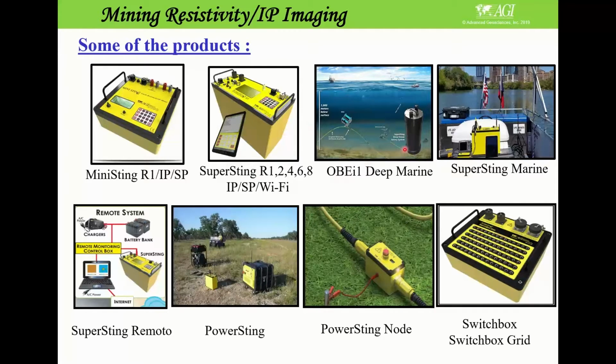For this we have a version called the OBE1, the ocean bottom electrical imaging system. There is also other instrumentation used for mining investigation, which we call SuperSting Remote. Many clients use SuperSting Remote especially during production time, not exploration.